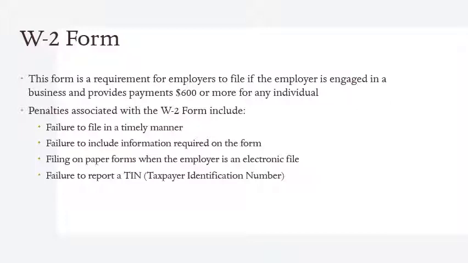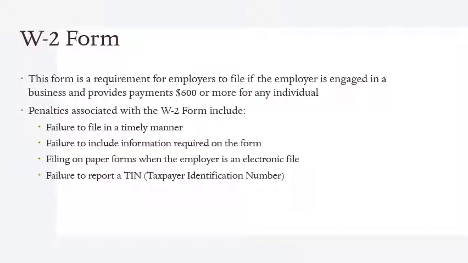Now let's talk about the forms that employers are obligated to file. Employers have to file a W-2 form, and this is a requirement if the employer is engaged in a business and provides payments of $600 or more to any individual.